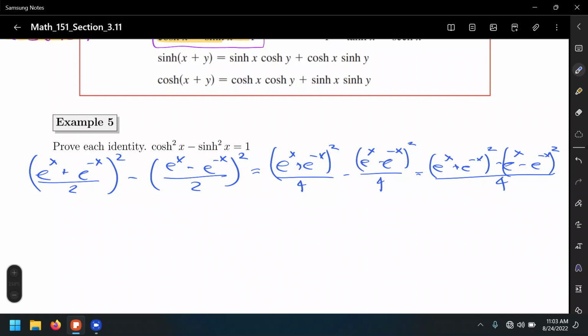We need to square binomials. There's a couple of ways to square binomials. When you have a plus b, for example, a plus b squared, typically we write this as a product of the quantity and itself, and then we FOIL. Isn't it the most common practice when it comes to this?